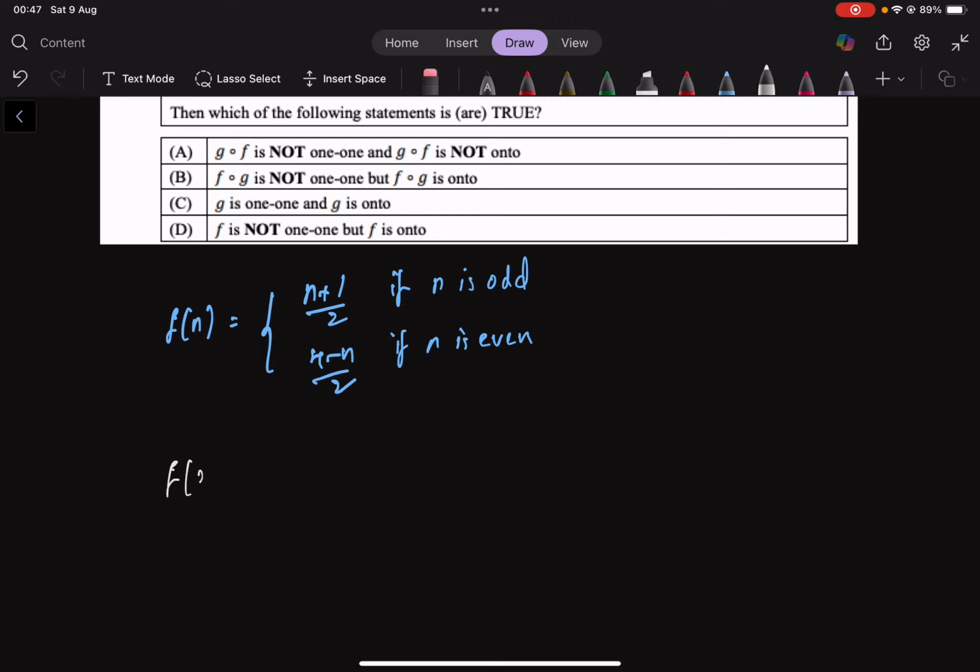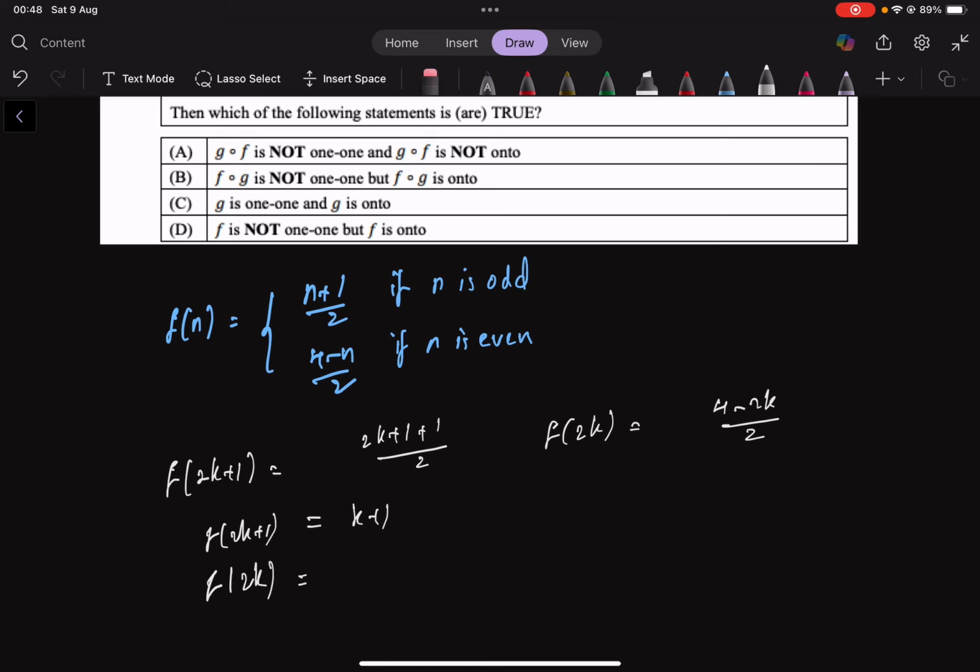For every odd number, f of 2k plus 1 will be (2k plus 2)/2, and f of 2k will be (4 minus 2k)/2. So that means f of 2k plus 1 is k plus 1, and f of 2k is 2 minus k.